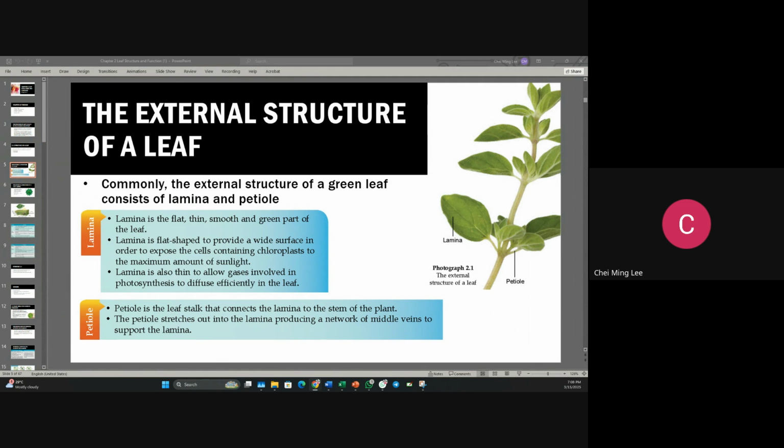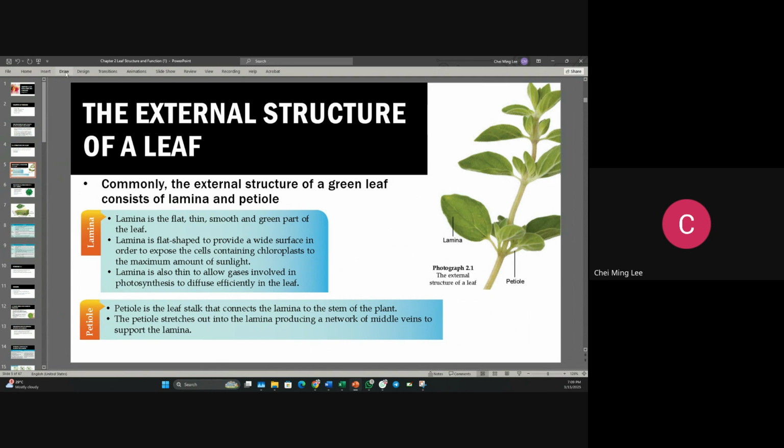Okay. All right. So lamina is the flat, thin, smooth, and green part of the leaf. It is flat in shape to provide a wide surface to expose the cells containing chloroplast to the maximum amount of sunlight.